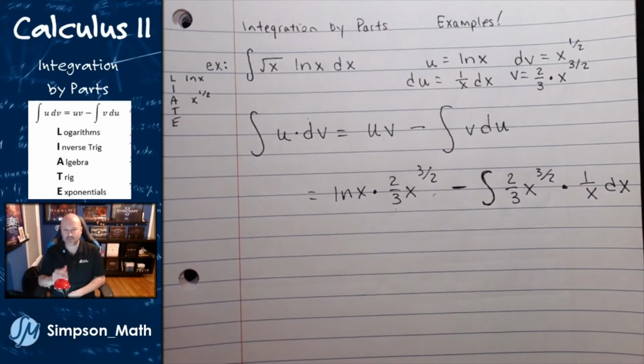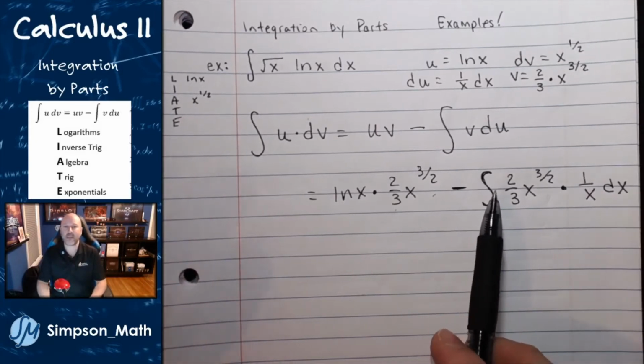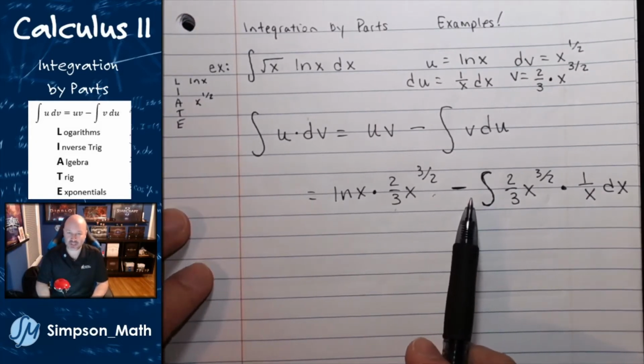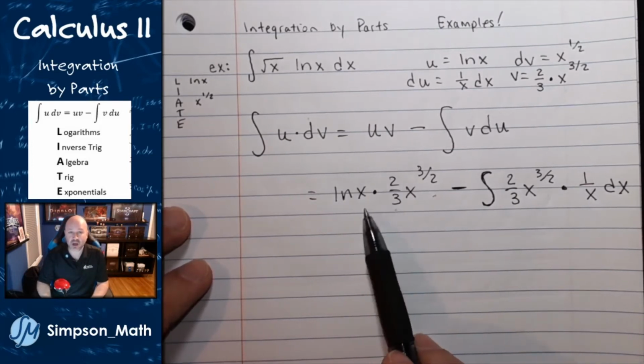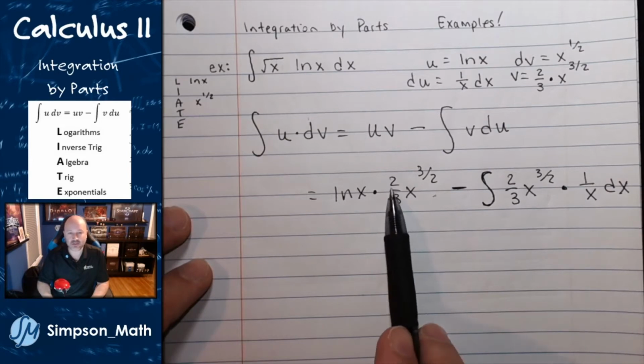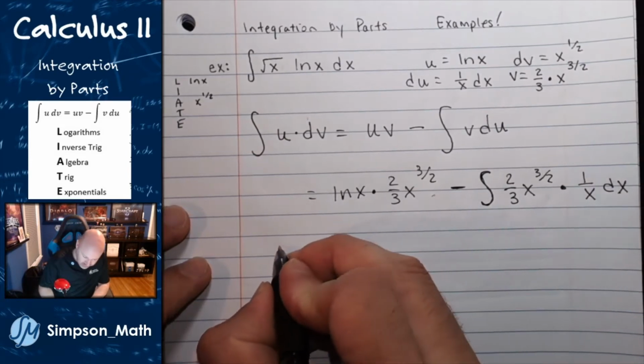So before I go any further with the integration process, I'm going to simplify as much as I can. Outside of the integration, I could just rewrite the 2/3 out front, try to clean that up a bit.